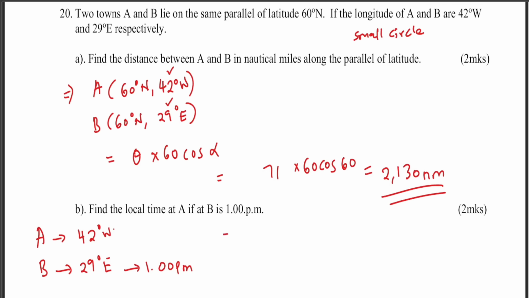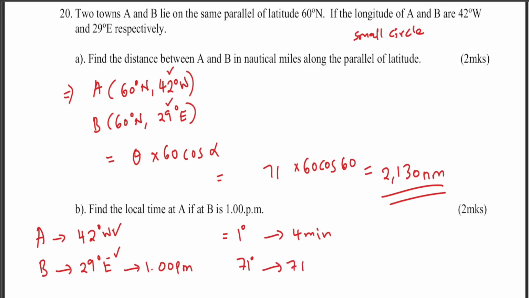We know that 1 degree difference in longitude is equal to 4 minutes. So the difference between these two is 71 degrees, since we added those together.